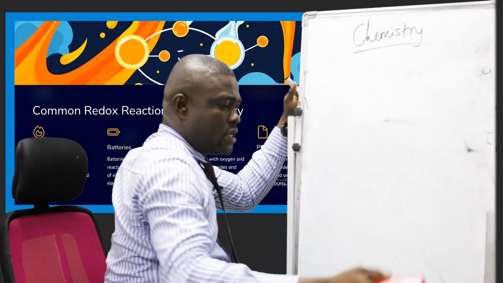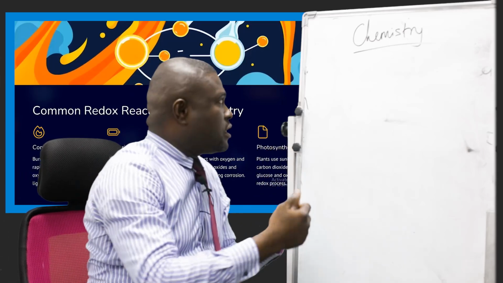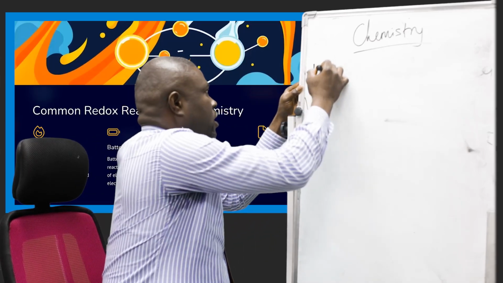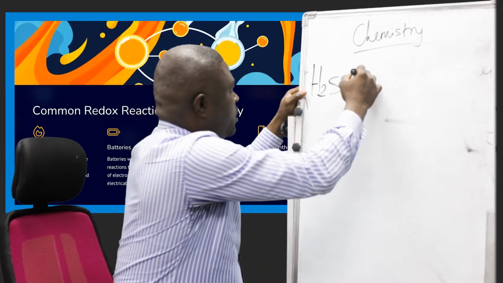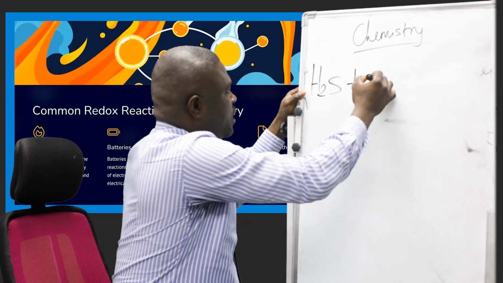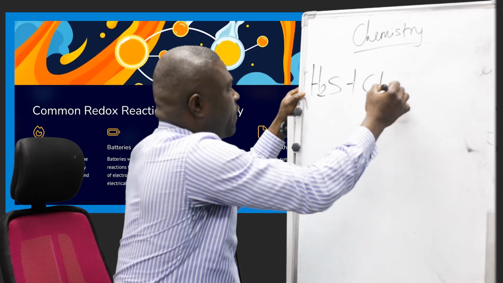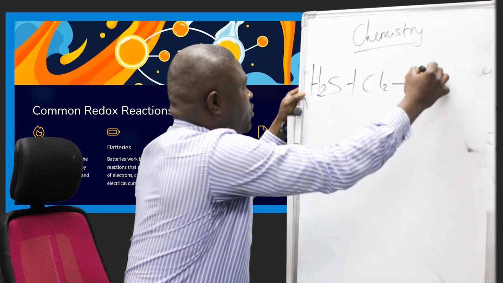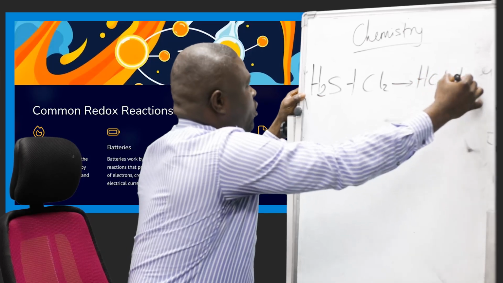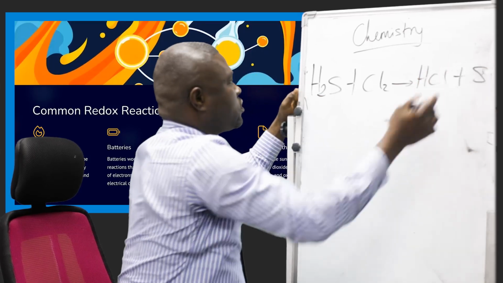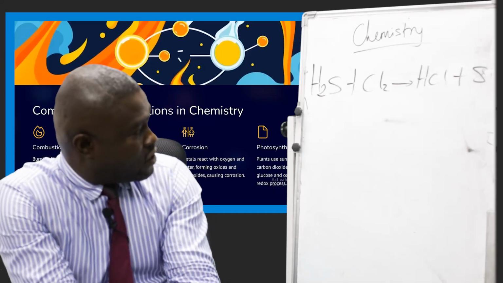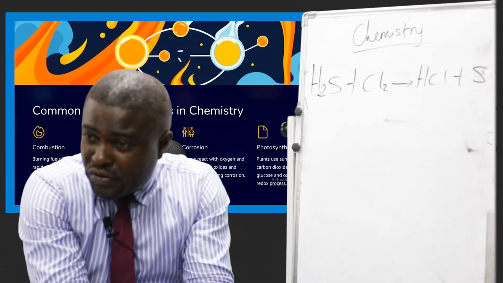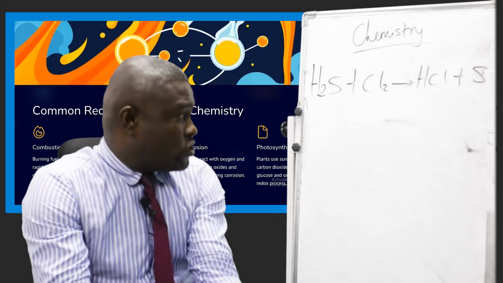Let's look at this. Hydrogen sulfide reacts with chlorine to give hydrogen chloride plus sulfur. Look at that reaction, a reaction involving removal of hydrogen.